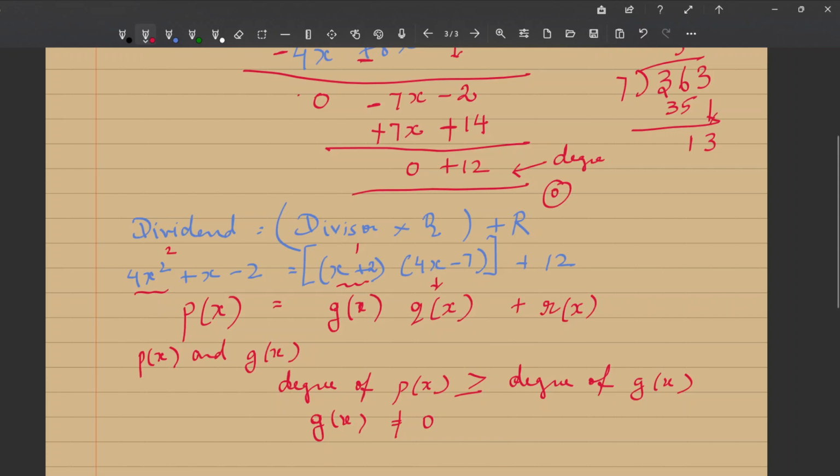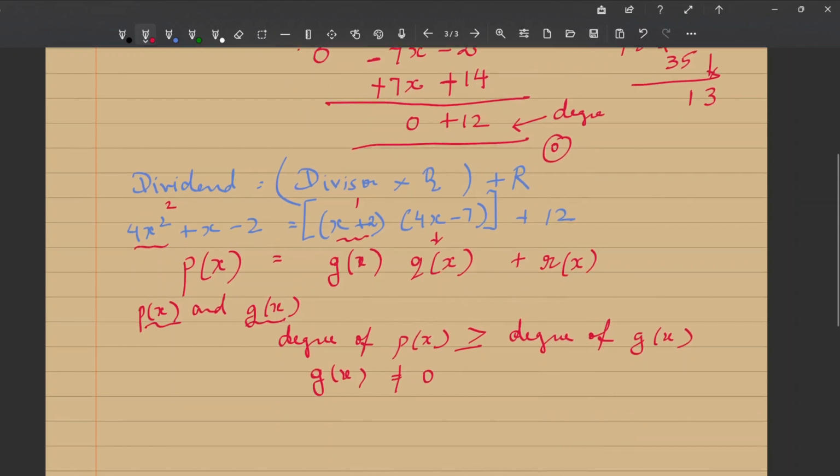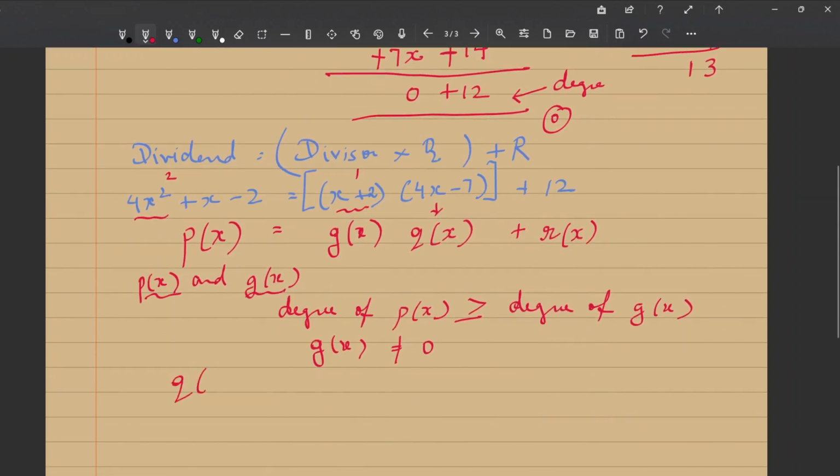So, when you are given two polynomials p of x and g of x, you can always divide them provided these two conditions, and after dividing you can find two polynomials q of x and r of x such that they satisfy p of x is equal to g of x into q of x plus the remainder, right?